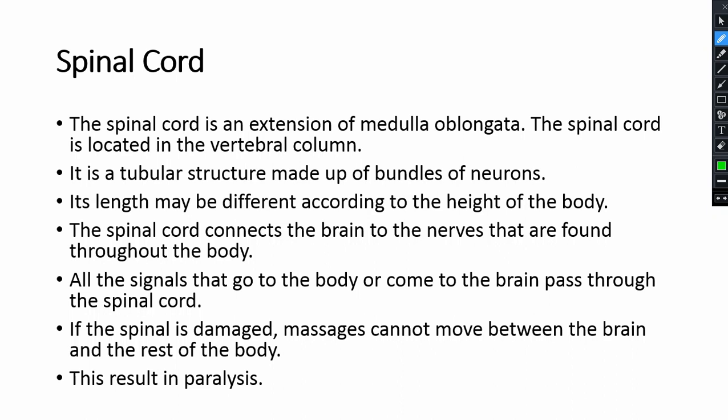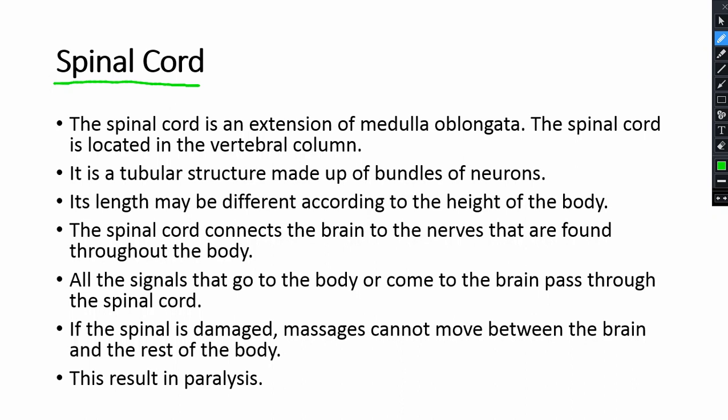But there is a medium which is used between the brain and the rest of the body, and that medium is the spinal cord. All this information passes from the body toward the brain through the spinal cord.